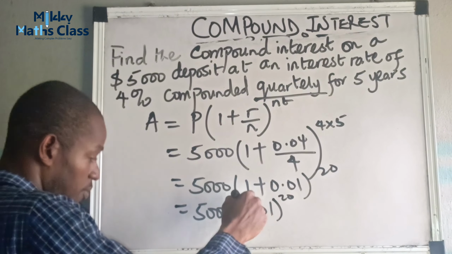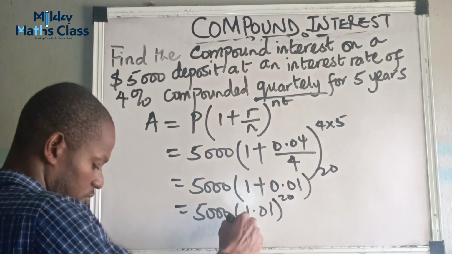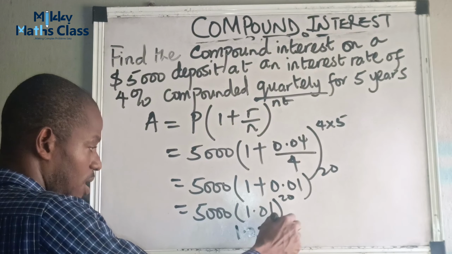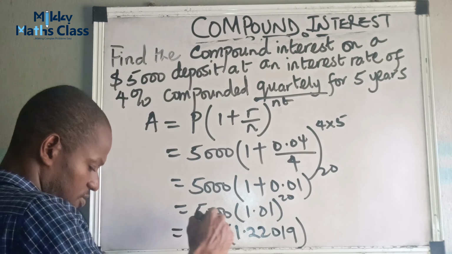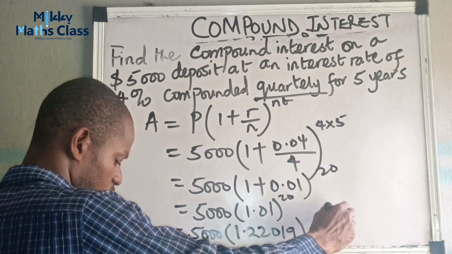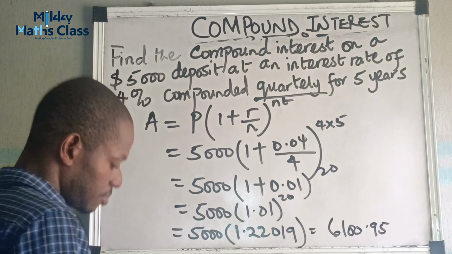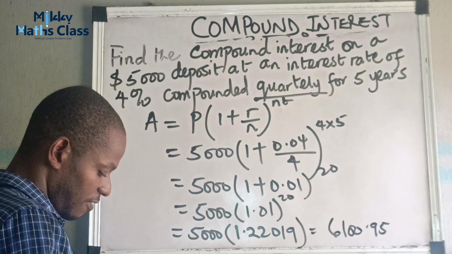When you raise this up, you will get 1.22019 times our 5,000, and when you multiply it, you get 6,100.95.